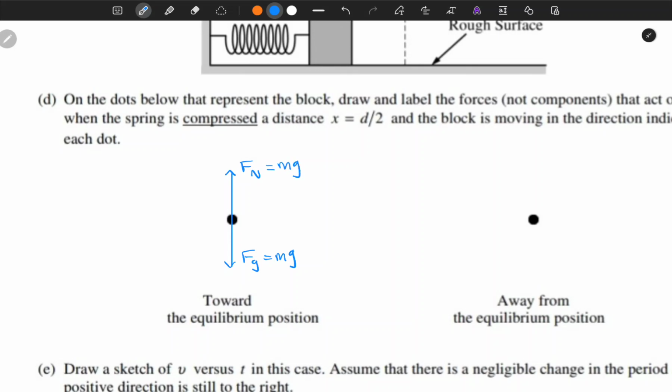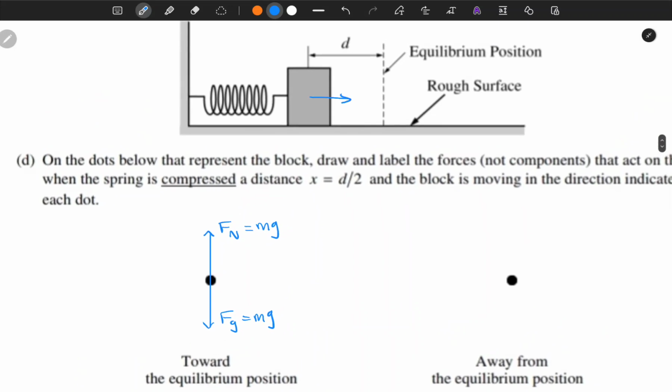Here, when the block is moving towards equilibrium, we see that the spring is pushing it towards equilibrium. However, because it's moving to the right and it is on a rough surface, friction is pointing to the left to counteract this motion. So, pointing to the left is the friction force, which I'll call FFR.